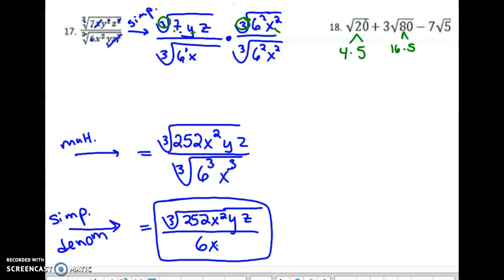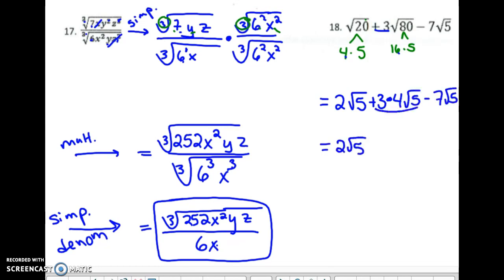I'm not going to factor those any farther, because I know the square root of 4 is 2. We have 2 square root 5 plus 3 times the square root of 16 is 4, square root 5, minus 7 square root 5.